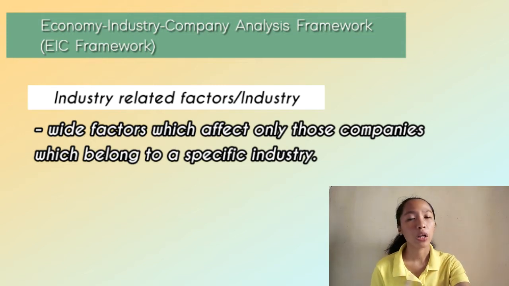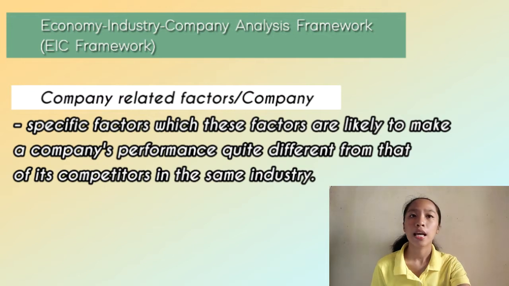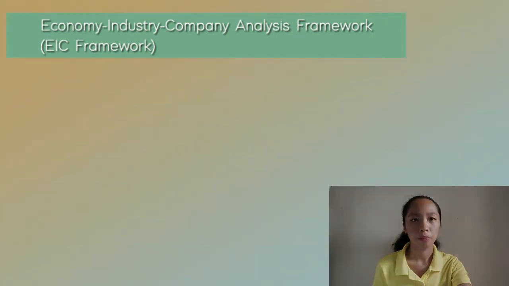But these factors affect only those companies which belong to a specific industry. In the company, there are specific factors such as the age of its plant, the quality of management, brand image of its products, financial performance, operating efficiency, capital structure, and so on. These factors are likely to make a company's performance quite different from that of its competitors in the same industry. So that's the difference of the three.